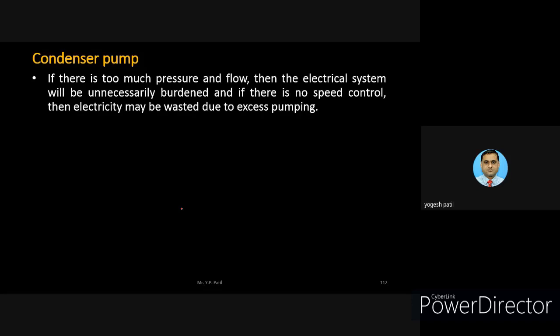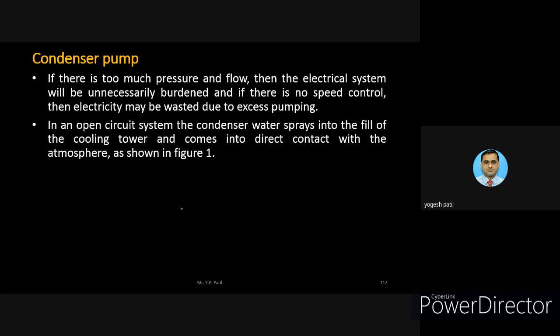If the pressure and flow are very high, it is because we are pumping at a high rate. As we are pumping at a high rate, ultimately it will burden the electrical system, with more demand for electricity. And if there is no speed control, it will also be a waste through excess pumping.